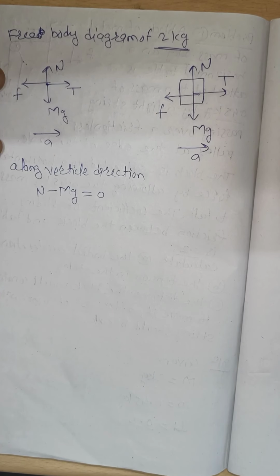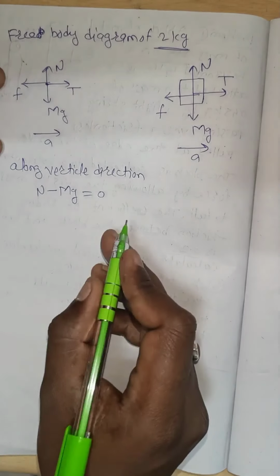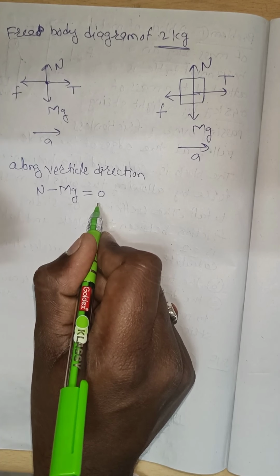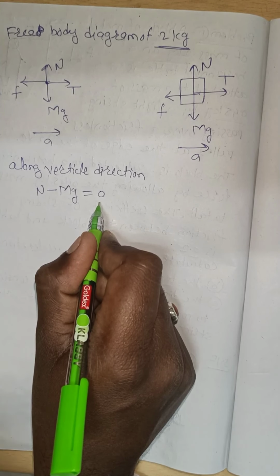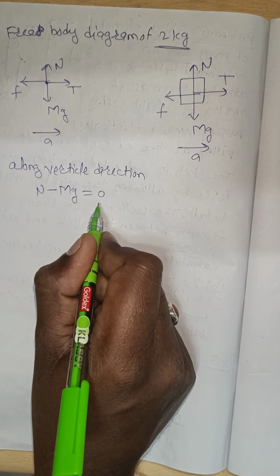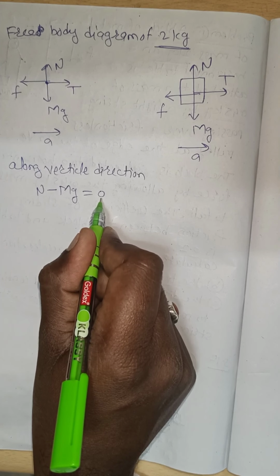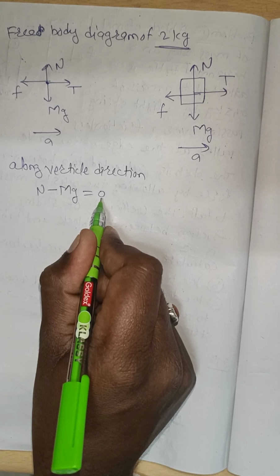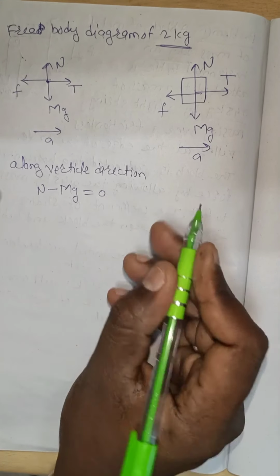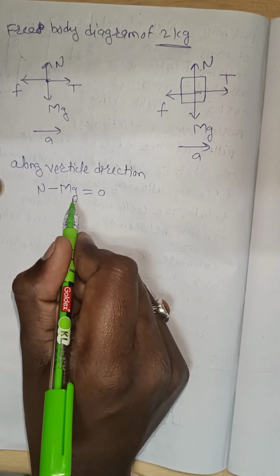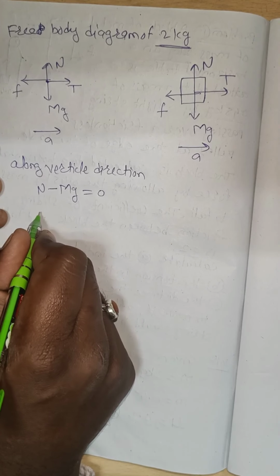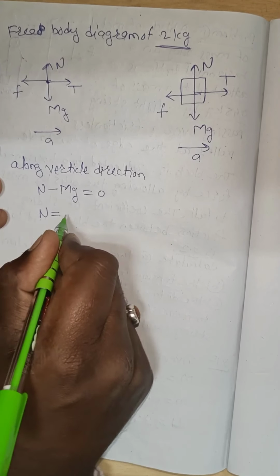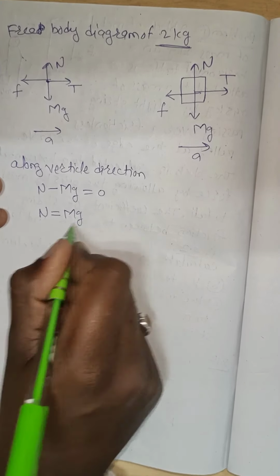The net force is mass into acceleration, and since acceleration is 0, mass into acceleration is also 0. Therefore N minus mg equals 0, so N is equal to mg.